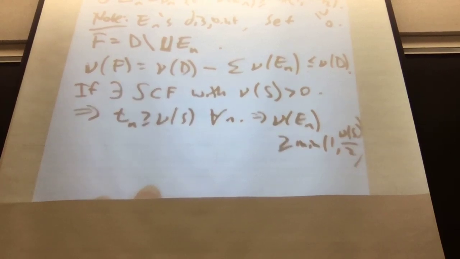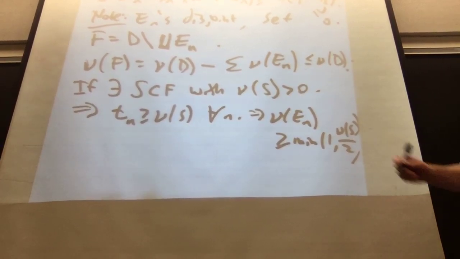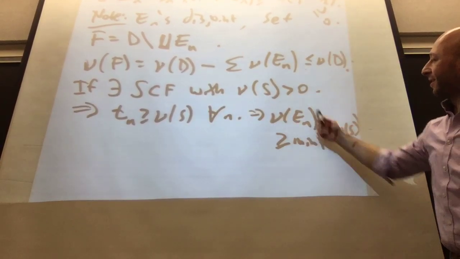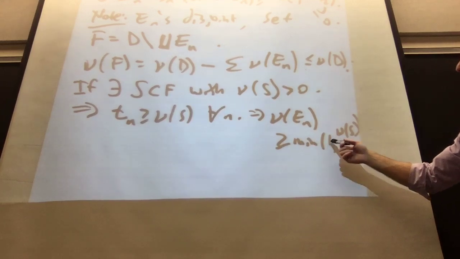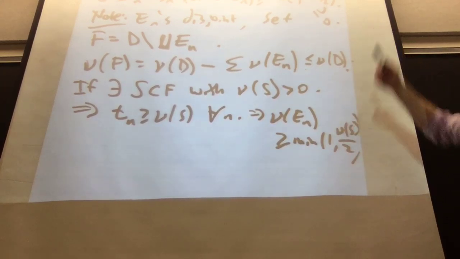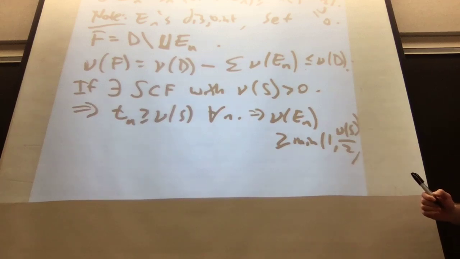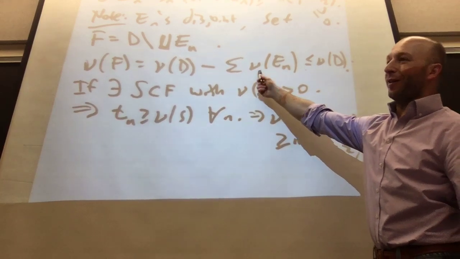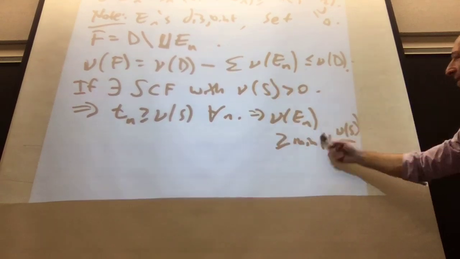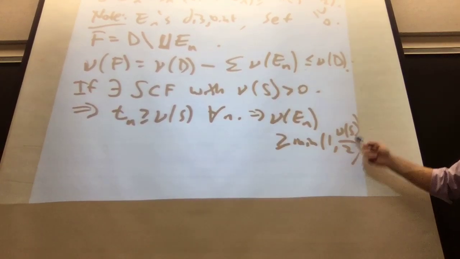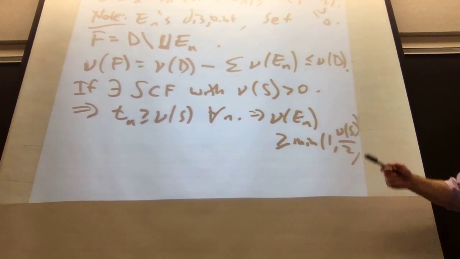Can you see both of these at the same time? Right? This is, by definition, at least 1 or Tn over 2, but Tn is at least nu of S. So we have this inequality, and that spells trouble for an infinite sum of things that don't depend on n, where this is positive, this is also positive.